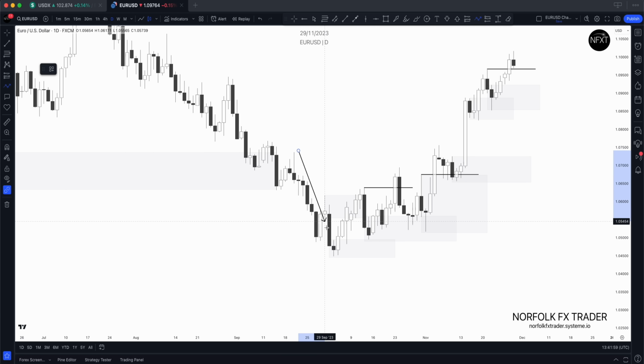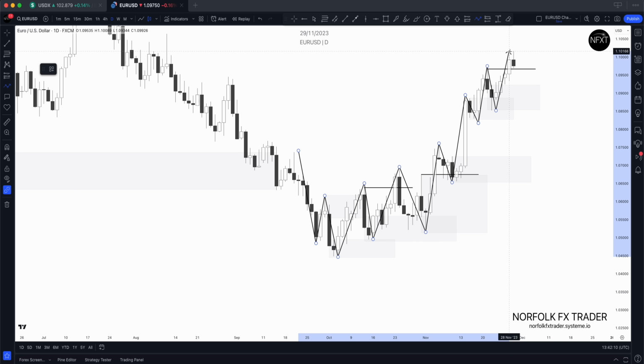So if we were looking at it from a structure point of view, this is your structure. And this is how quickly you can identify structure in the market. You don't need to make this complicated. Use this simple structure technique I'm showing you in this video with those best supply and demand zones to trade from, and you will do absolutely fine.